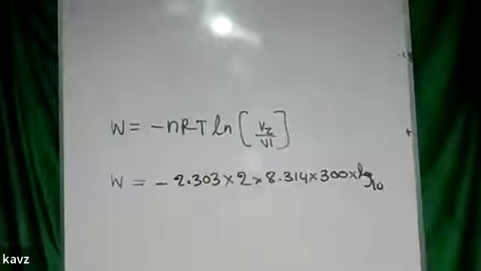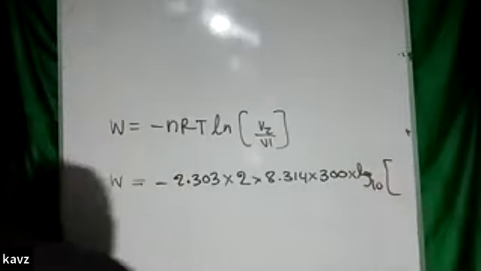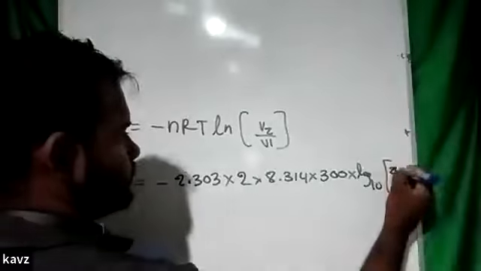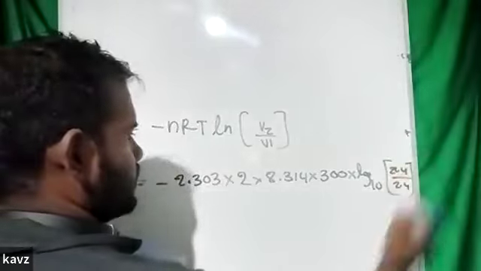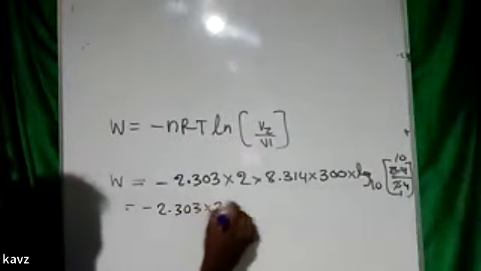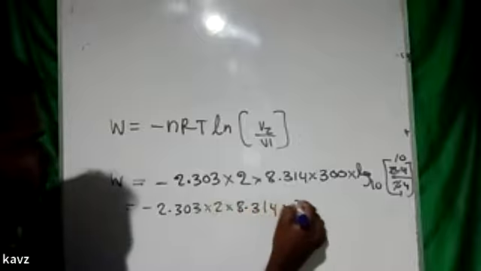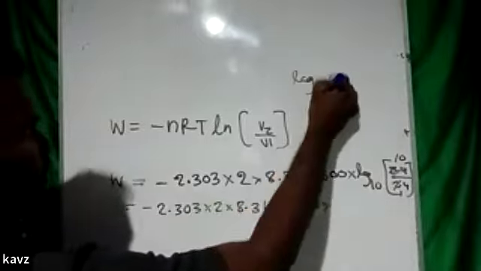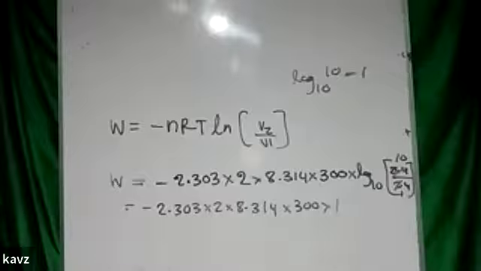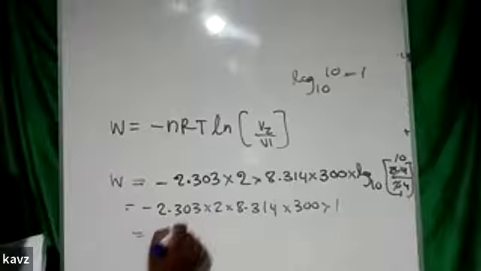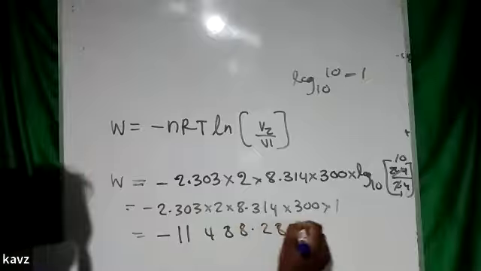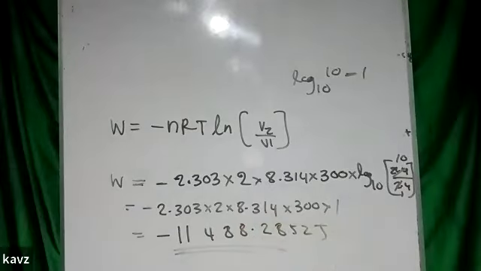When you multiply by this, it becomes log base 10 of V2 over V1, 22.4 over 2.24, and the ratio becomes 10. So minus 2.303 times 2 times 8.314 times 300 times log 10 to the base 10, which equals 1. So multiply by 1, and the answer becomes minus 11,488.2852 joules.